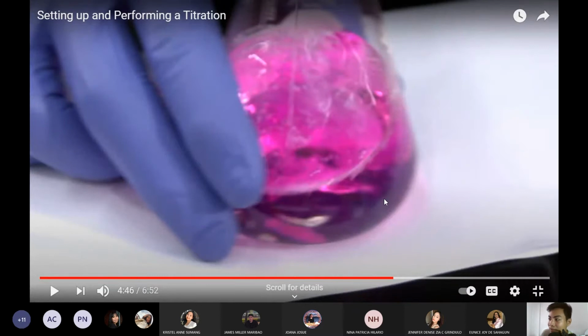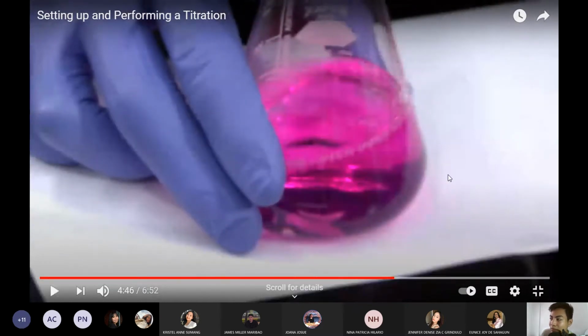Okay. So ito yung first trial. Ginawa niya sa first trial ay excess titrant. Ang kailangan kasi na color dito ay pink. Ito ay purple na to eh. So ginawa niya, sinobrahan niya muna yung titrant in order to see kung ano yung kanyang ideal color.